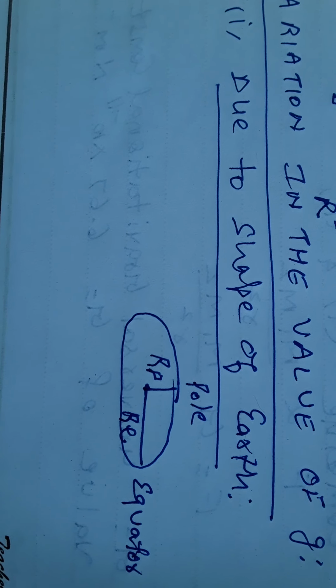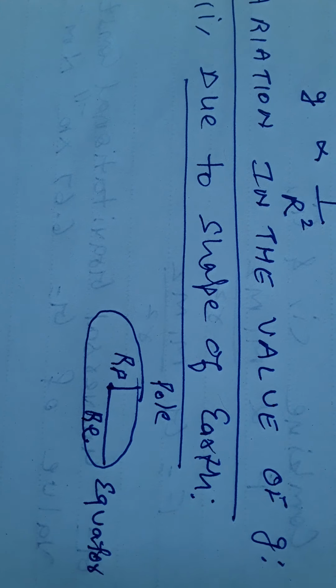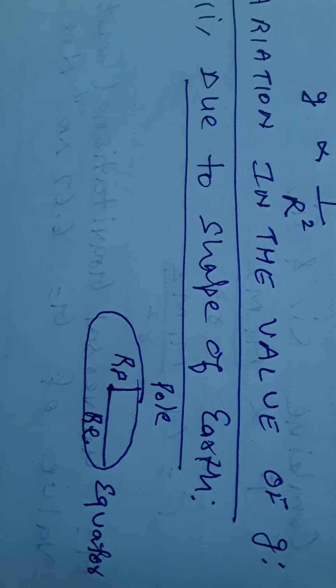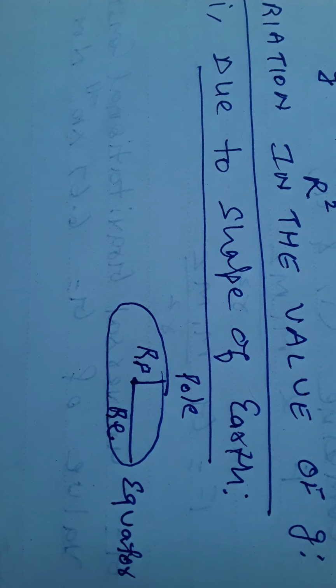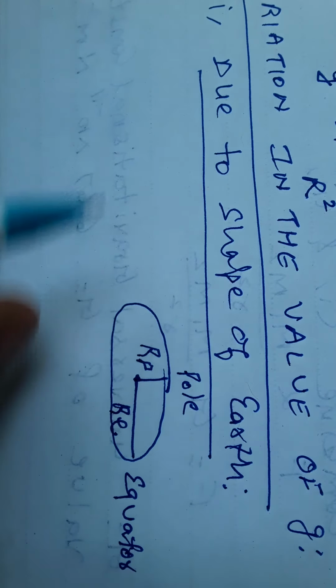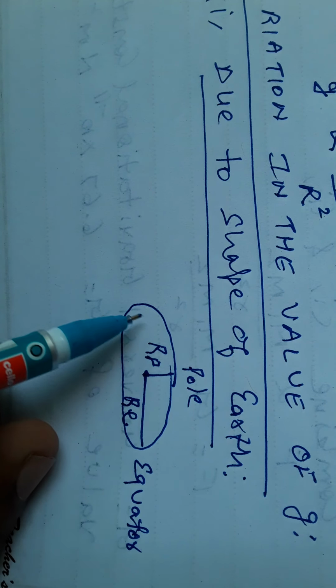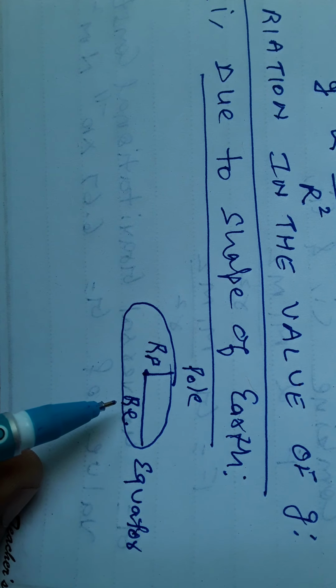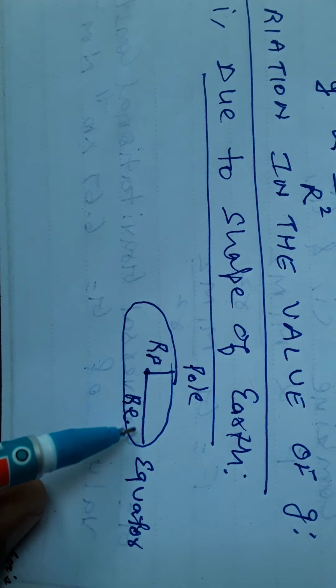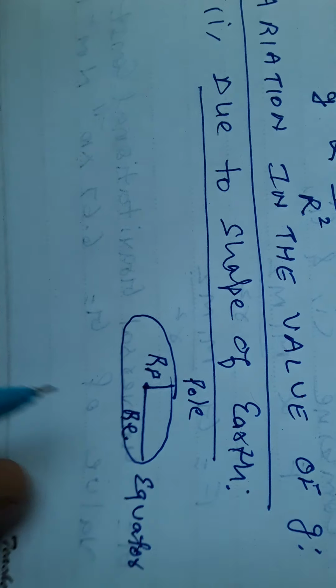Now the next topic is variation in the value of small g. The value of small g is not constant, it changes. First, due to shape of Earth. Earth is not perfectly spherical in shape, but it is elliptical. It has two radii. First is the radius of equator, second is the radius of pole.